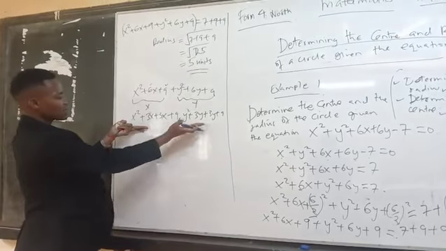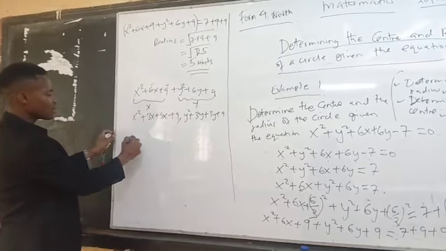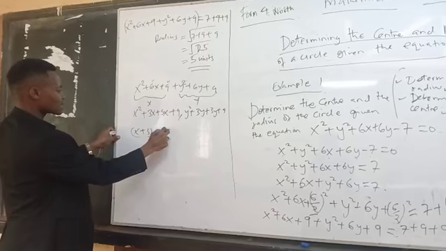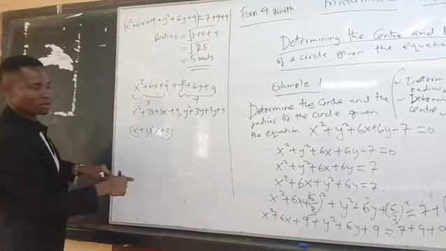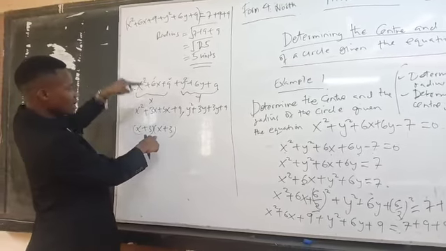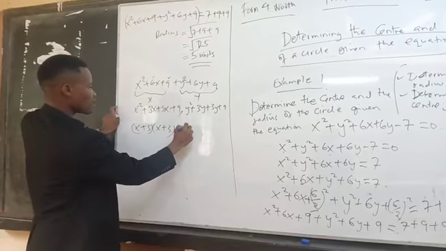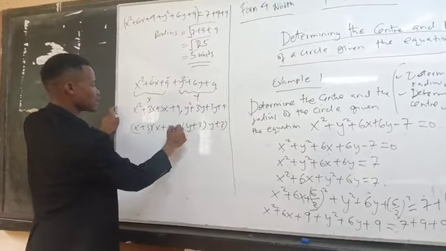But now we want to get the coordinates. If we factorize the whole thing, we will get x plus 3 times x plus 3.